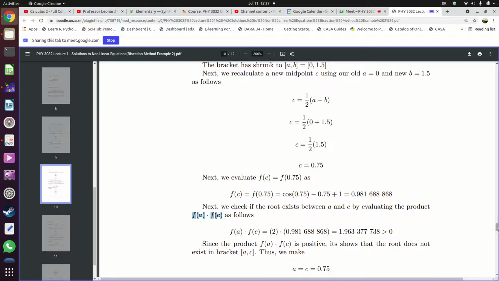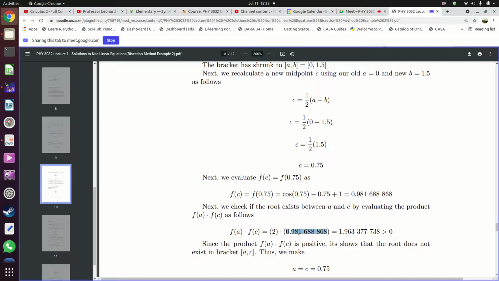Now, our A is 0 at the moment, and our C is 0.75. We know f of A is 2, and f of C, at 0.75, we have just found out to be 0.981688862.